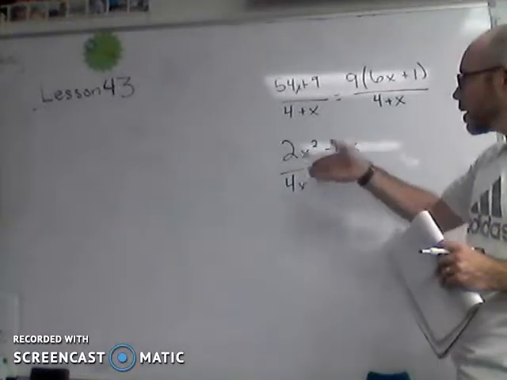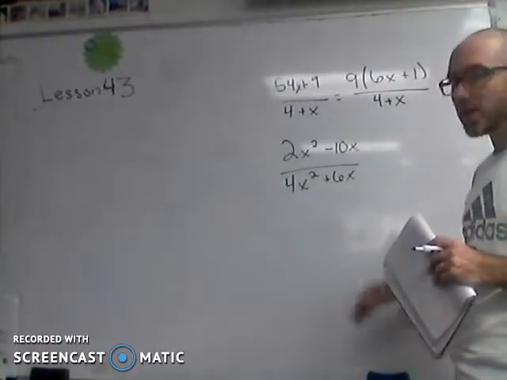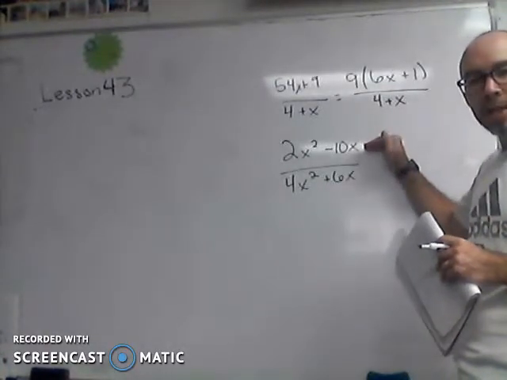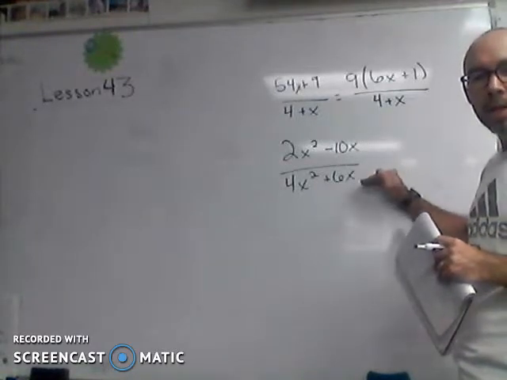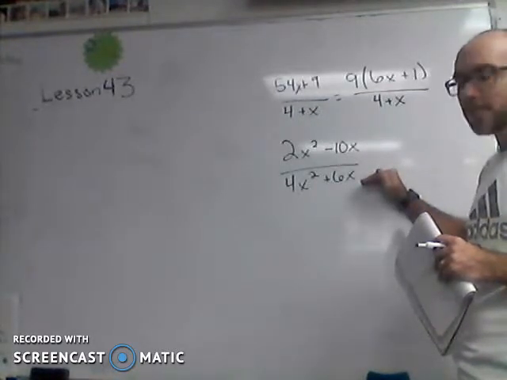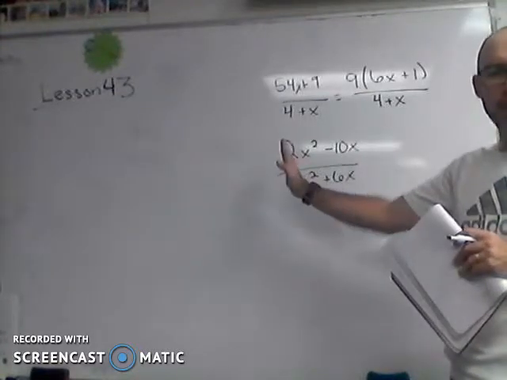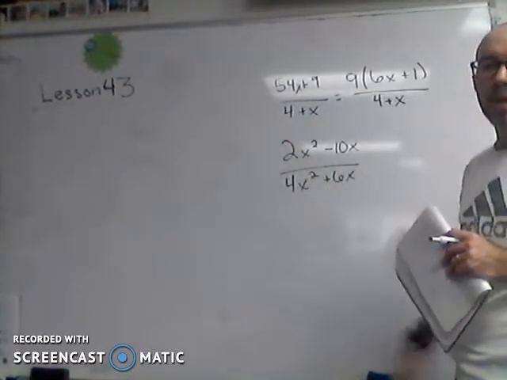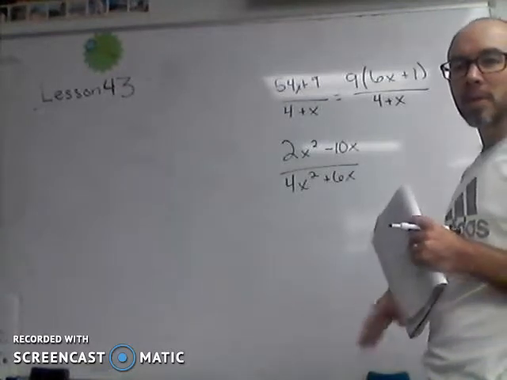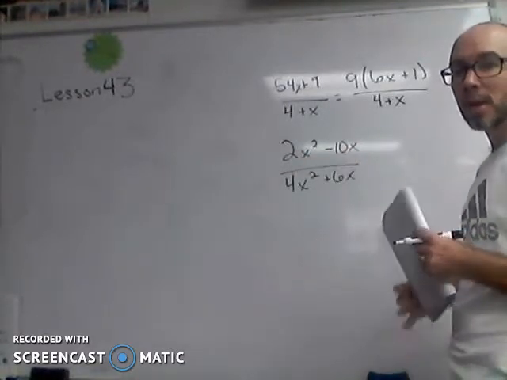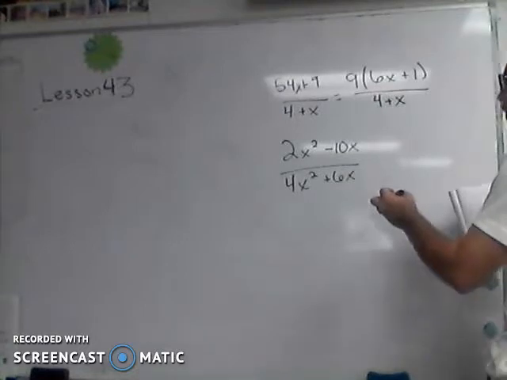Okay? I can't just cancel those x squareds out because in the numerator that is part of a sum, and in the denominator it's also part of a sum. And so I'm going to factor these out and see if there's anything in common, top and bottom, that I can eliminate or I can cancel out that equals 1, and then see what's left over.